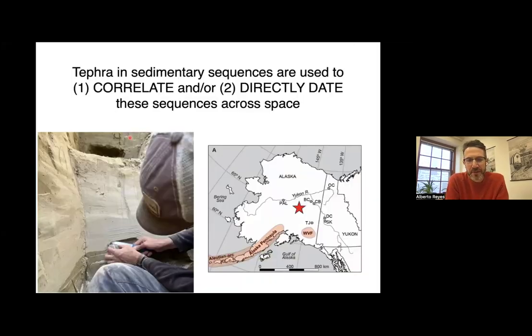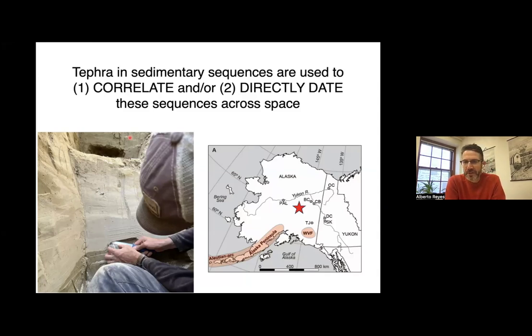So we use these tephra in a couple different ways, right? We use them to correlate sediments between sites, and then we use them to directly date sedimentary sequences. So I'll just kind of talk briefly about how we do that. One example here, this is Old Crow tephra on the left. We're subsampling it just to get a sense of grain size variation through the eruption.